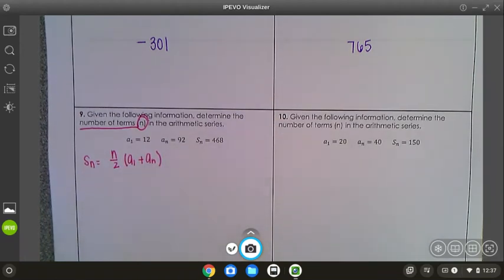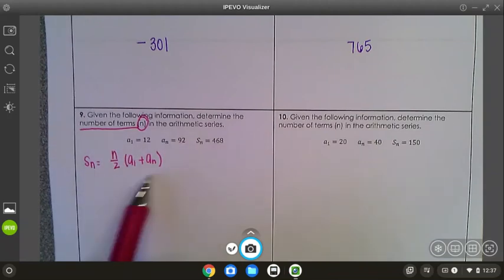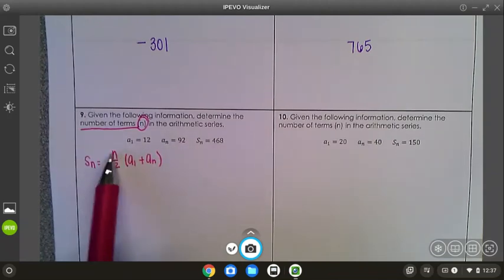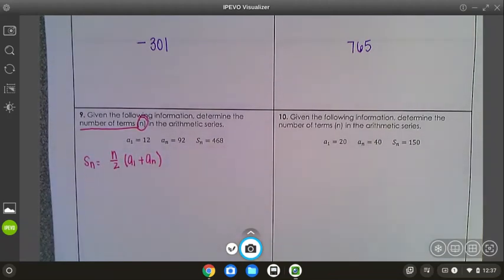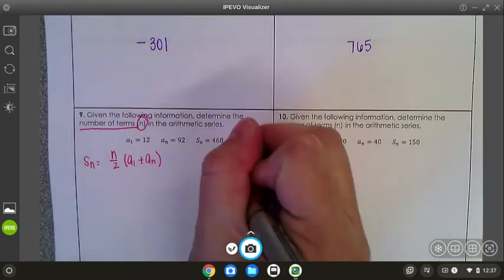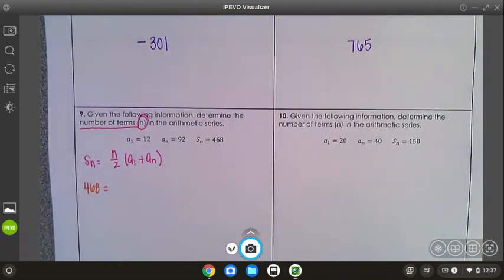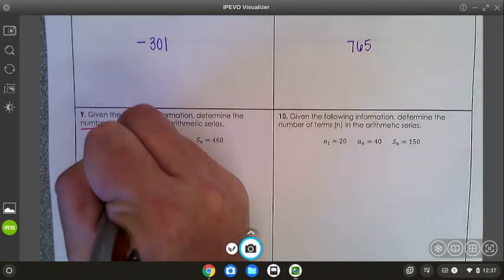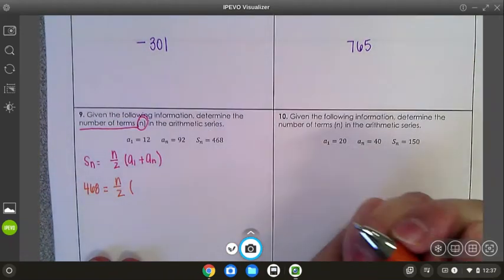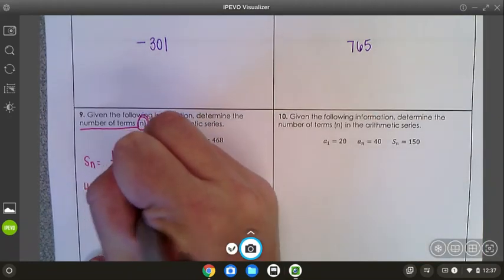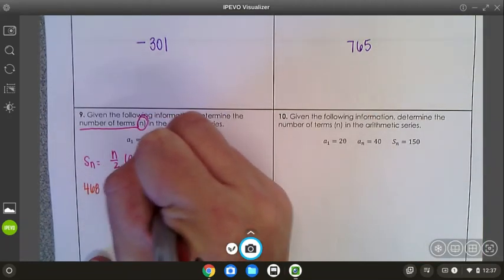This is going to be pretty easy. We have everything we need except for the part that the problem is asking us to find. We don't have any extra stuff to find on top of that. So Sn is 468. We got a sum, we just need to know how many terms we added together. n over 2 times 12 plus 92.